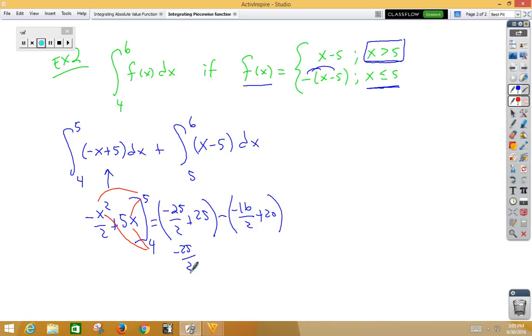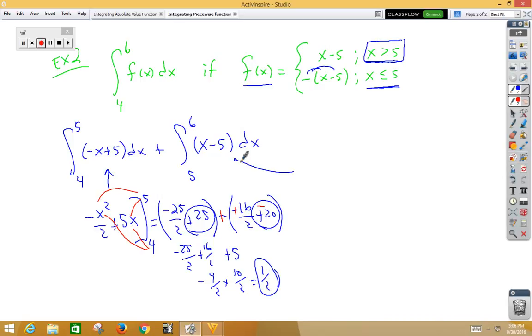Now, if I go ahead and distribute my negative here, I could go ahead and combine the 25 and the negative 20, make that just a 5, and now I've got the 16/2 I can bring down. So that's going to give me a negative 9/2 plus a 10/2, which gives us 1/2 on that side.